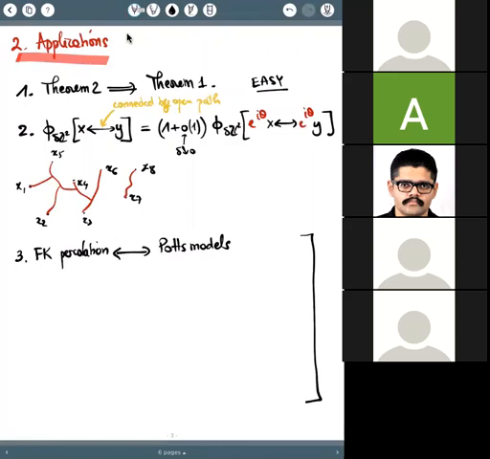It's not very important, but at least maybe it's going to give you a vibe that this theorem has applications. So FK percolation is connected to the Potts model. And here I told you the result is working when q is between 1 and 4. So it's going to correspond to the Potts model with 2, 3, or 4 colors.